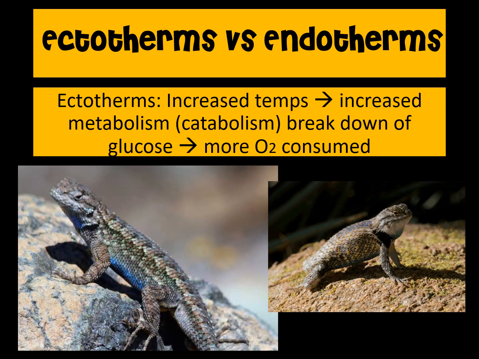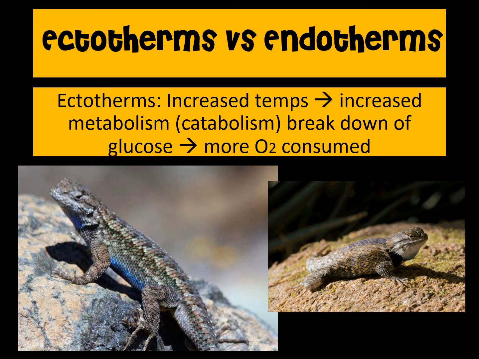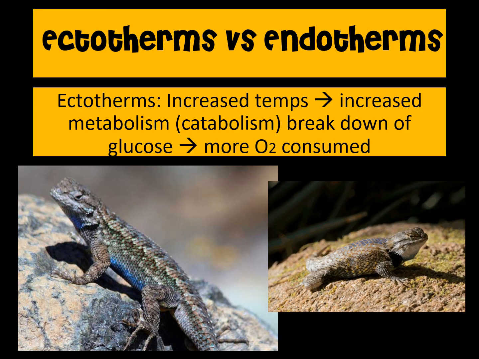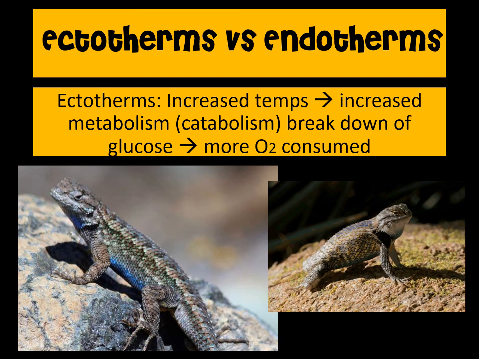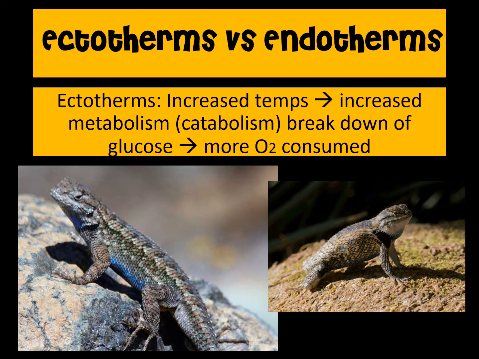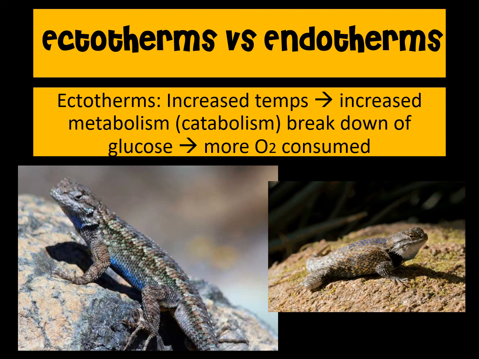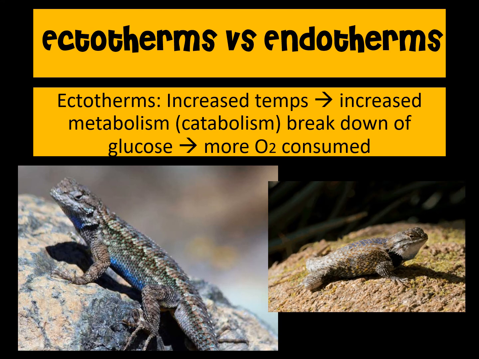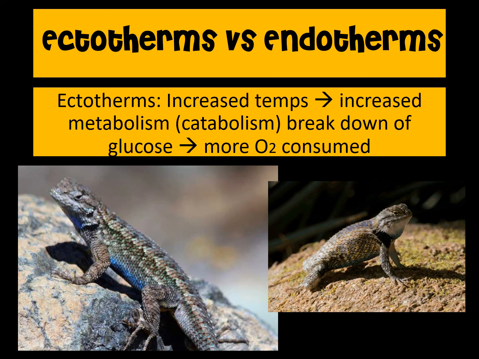And the last thing we're going to do is simply look at two different types of organisms and how they regulate their energy within their body. Those two organism classifications are ectotherms and endotherms. So if you're an ectotherm, you're pretty much dependent upon the conditions of your environment.